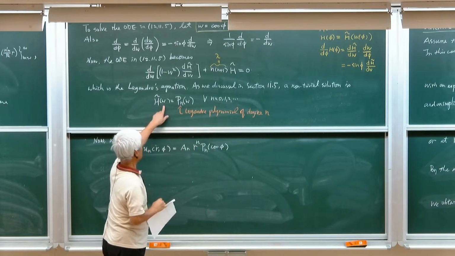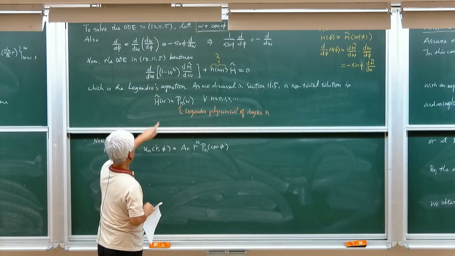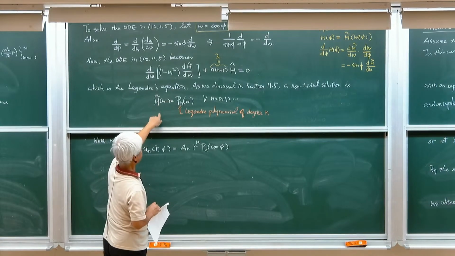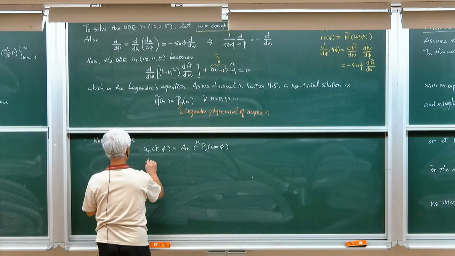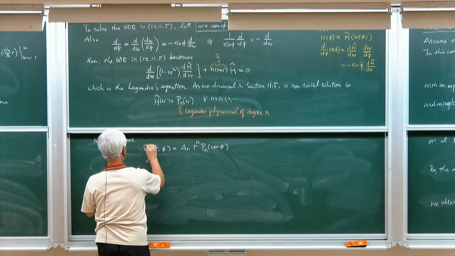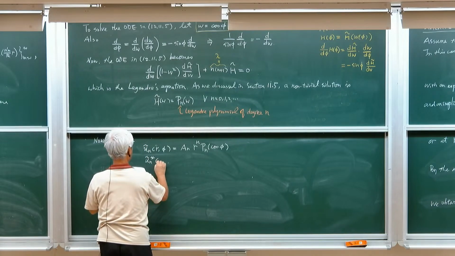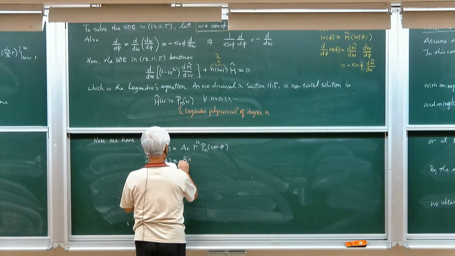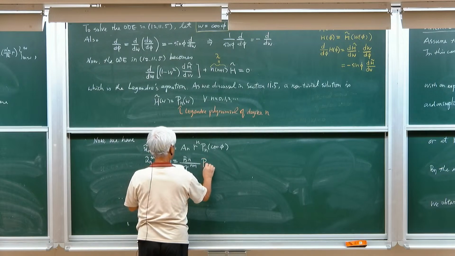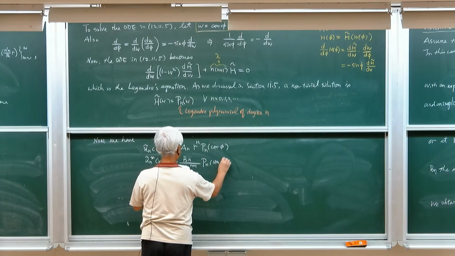Because W is equal to cosine phi, right? So we just write it down here. And also u_n star of phi, which is Bn divided by r to the n plus 1 power, and the Pn cosine phi.